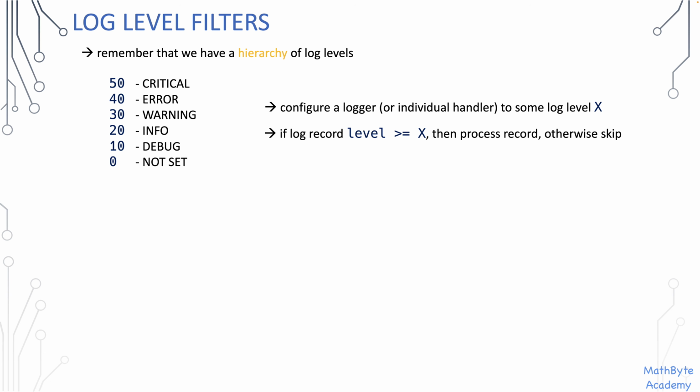So when you attach a configuration to a logger saying, this logger, I want it to be at level X, then if you send a log into it at some level, what's going to happen is that it's going to make sure that the level is greater than or equal to X, and then it will process the record. Otherwise, it's going to skip it.